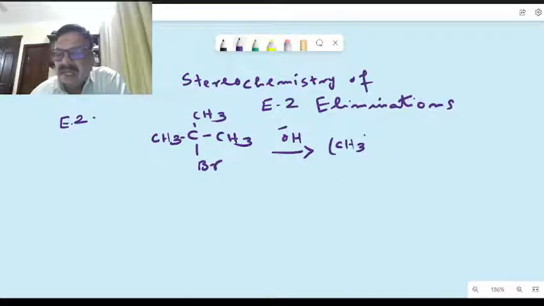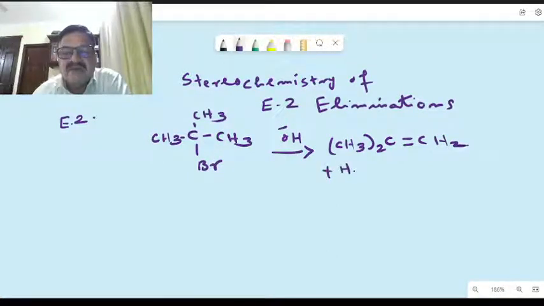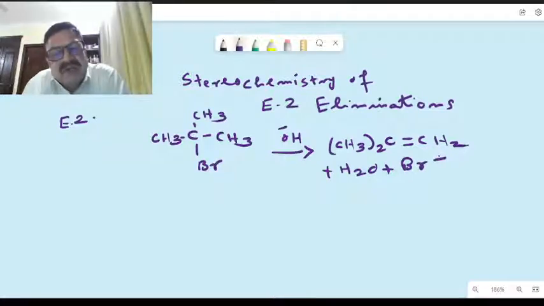That is (CH3)2C=CH2. So this is the alkene form. Then we get this H2O plus Br minus and all this kind of a thing here. So tertiary butyl bromide, that is E2 mechanism for the reaction of tertiary butyl bromide with a strong base OH minus here. So we'll be getting an alkene.